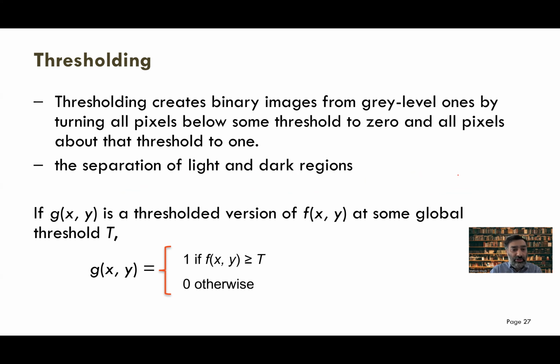What do we mean by thresholding? Thresholding means we create a binary image based on the grayscale image and define a certain boundary. Anything over that boundary becomes 1, and anything below that boundary becomes 0, or the other way around.